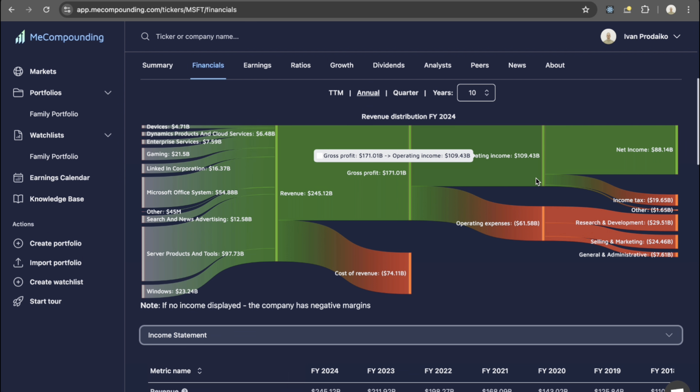Out of operational income, the company is paying the income tax and having some other expenses. And the company is left with the net income. And the difference between net income and the revenue is called net income margin.